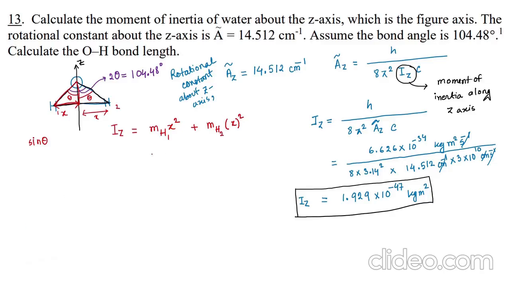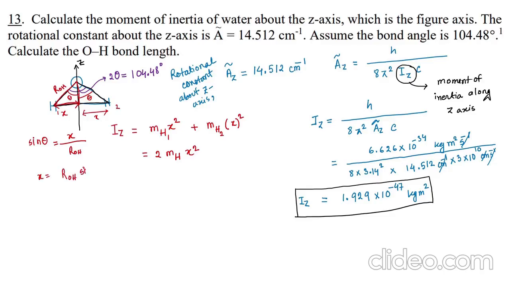As the hydrogen atoms are similar, I will take this as 2 m_H x square. So sine theta is x by R_OH, the bond distance.